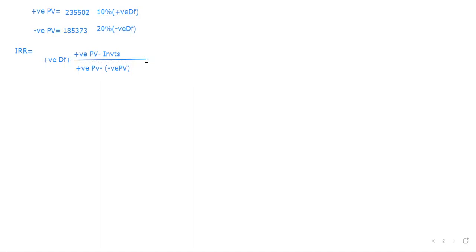Then again multiply with negative discount factor minus positive discount factor. This one let me put into a bracket again so that it should not be confused.